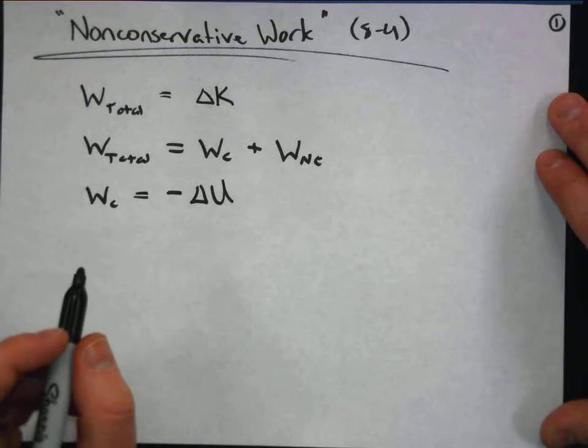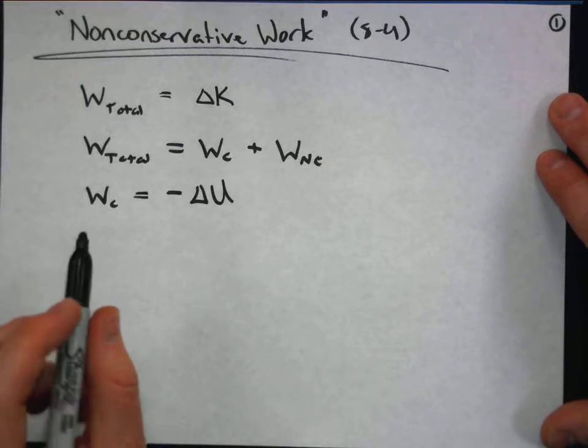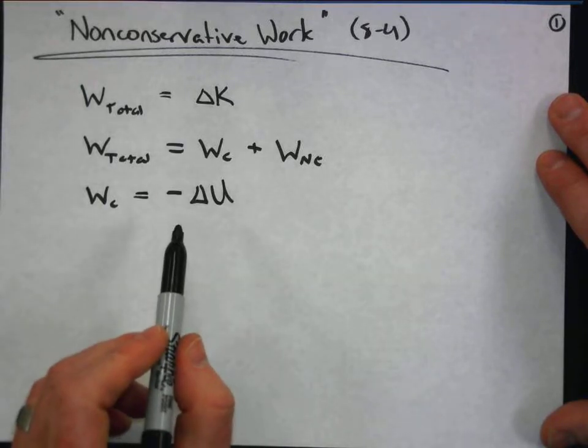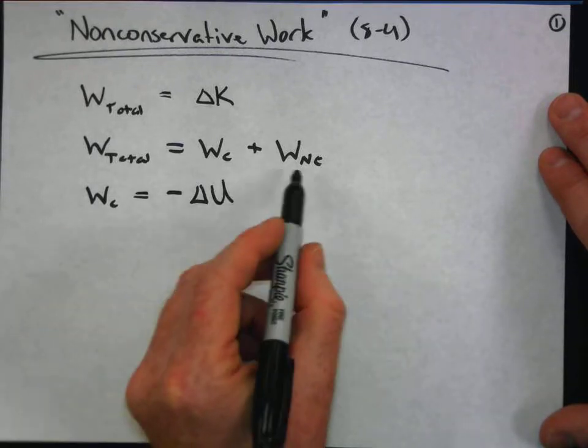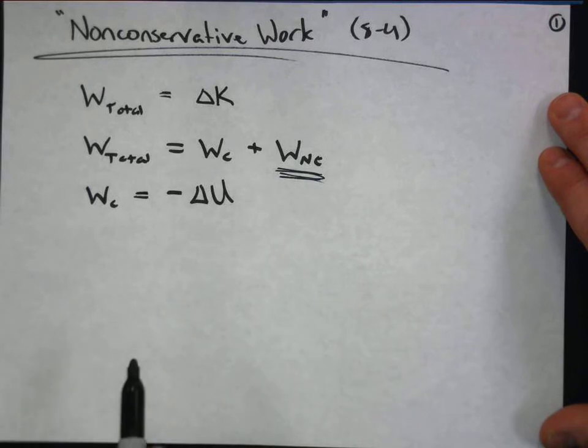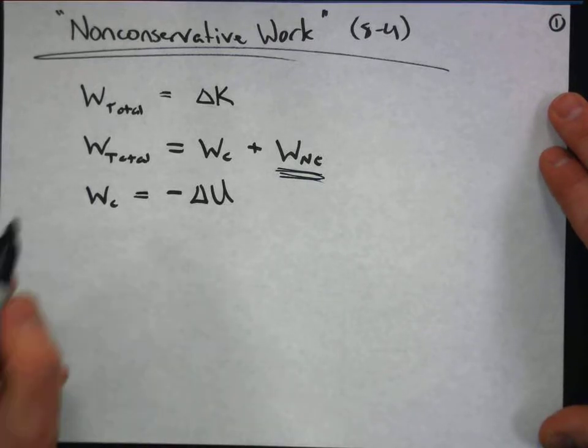So from that, we can look at a combination of what's going on here and say there's some things we can set equal to each other and get some sort of understanding of the work done by non-conservative forces here.